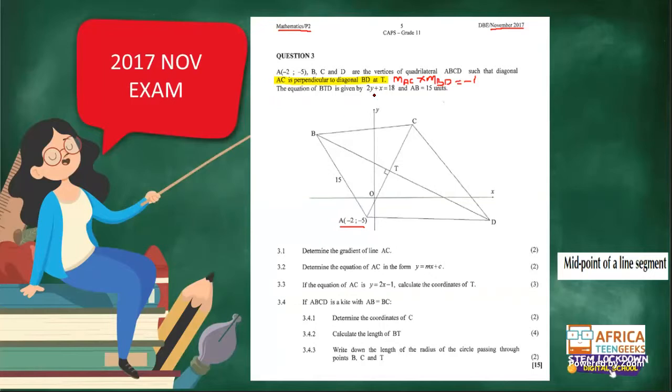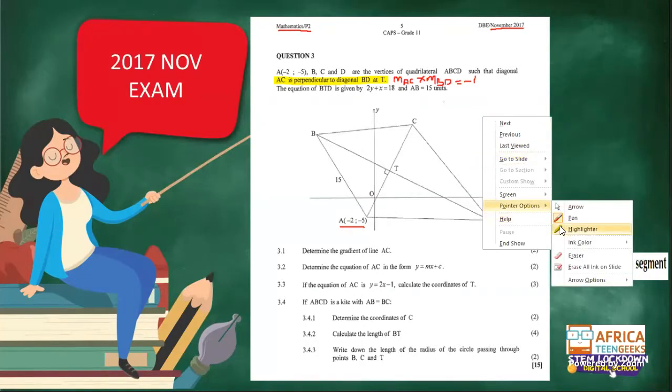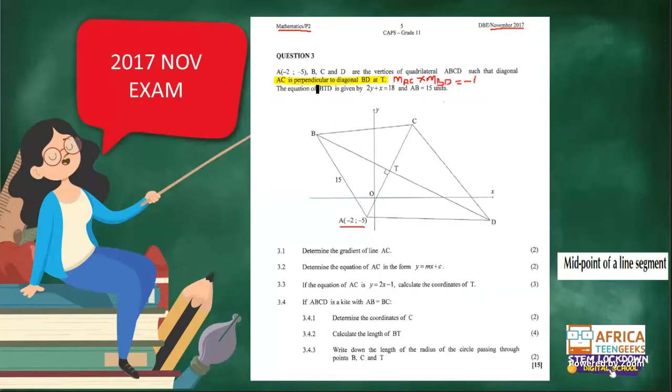So we are given an equation of a line. Let's also highlight that. It's in that form. And we are also given that AB equals 15 units.